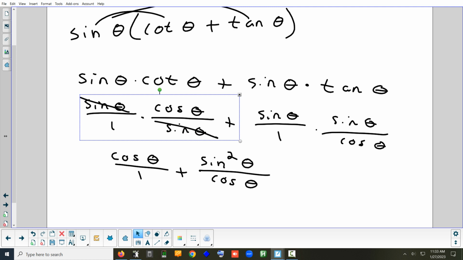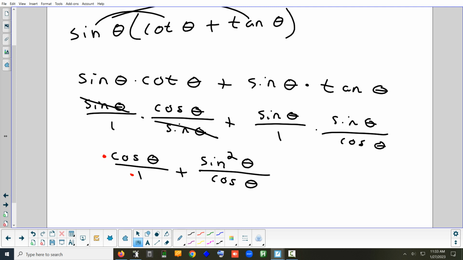What's another strategy I gave you for solving something like this? Common denominator. The easiest way to find it is the product of the two denominators you already have. So what's my common denominator here? Cosine. The second fraction already has it. The first one doesn't. What would I need to multiply?